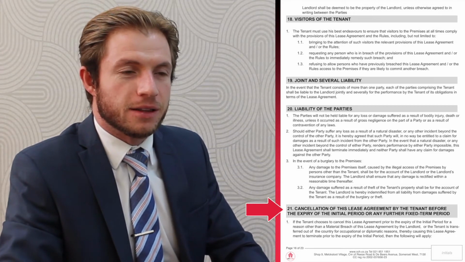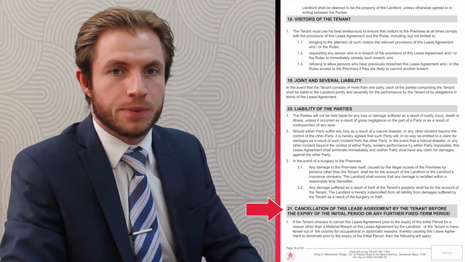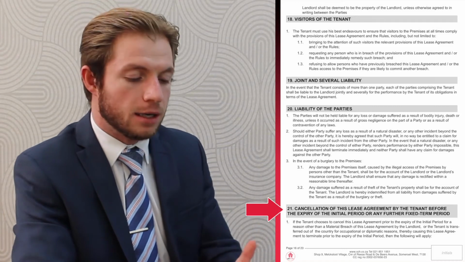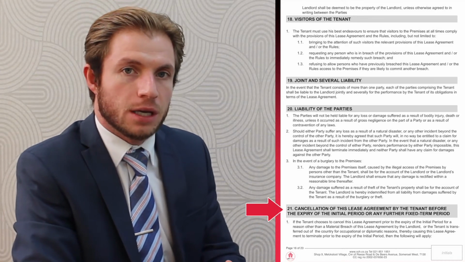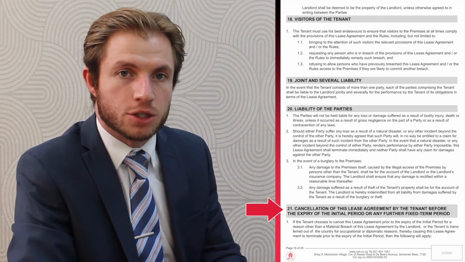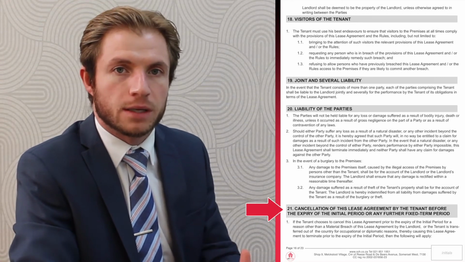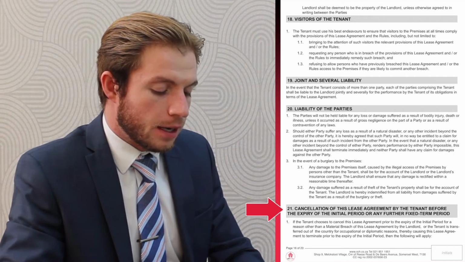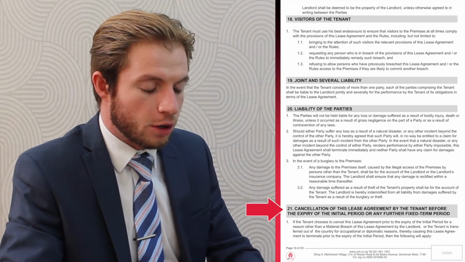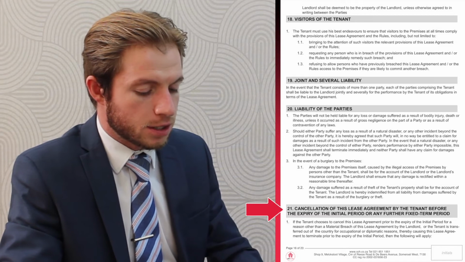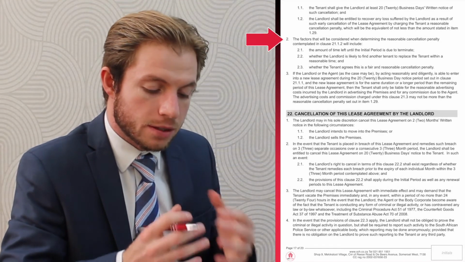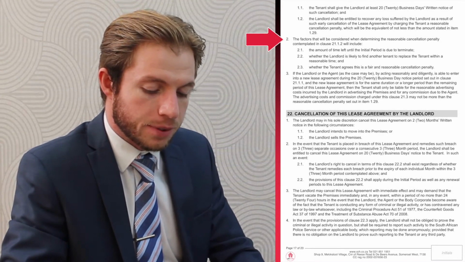In practice, the concept of a reasonable cancellation penalty is a very academical argument because you'll have to look at each situation, and there are certain questions that need to be asked before determining what a reasonable cancellation penalty will be. The Act specifically refers to the following factors, and I see CCH actually included some of these factors in the lease agreement. The following factors will be considered when determining the reasonable cancellation penalty.